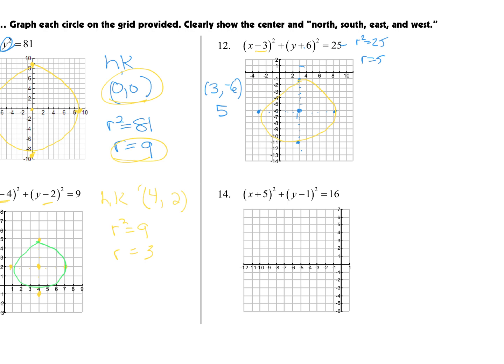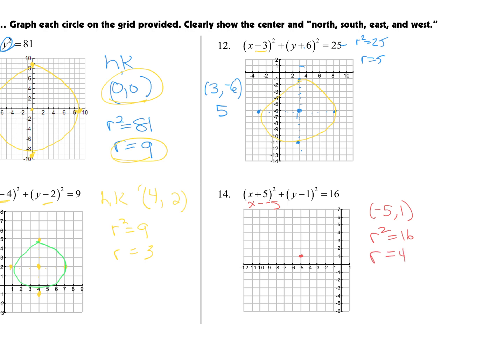If we have x minus a -5, the h value there is -5, and y minus 1, the k value is going to be 1. And so that's going to be the center of our circle. Our HK is going to be at -5, 1 right here. And if r squared is 16, then r is going to be 4.